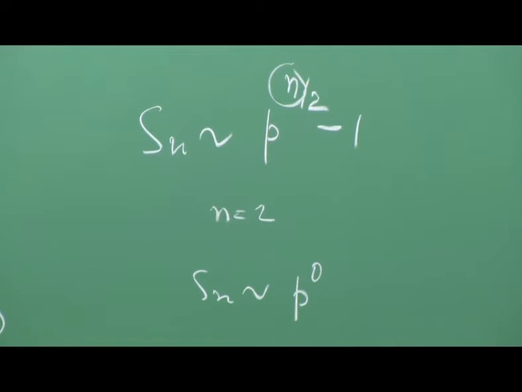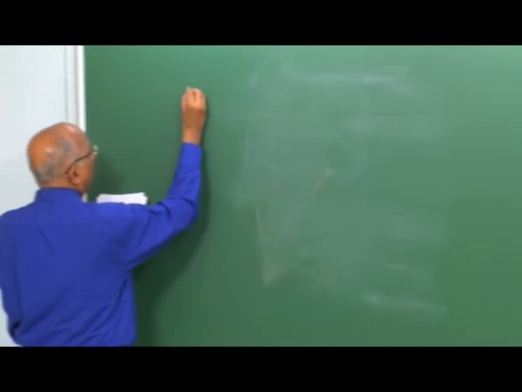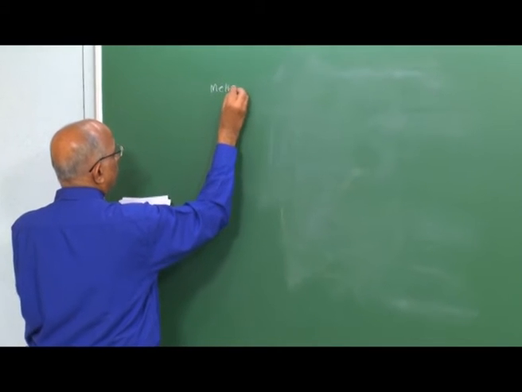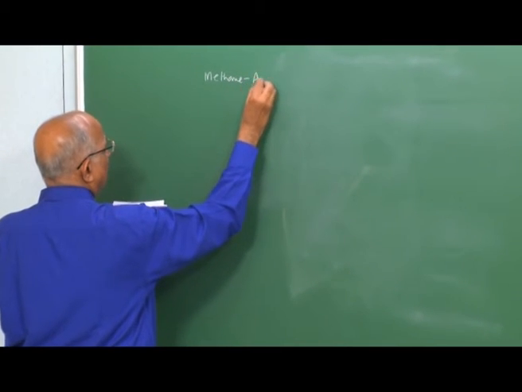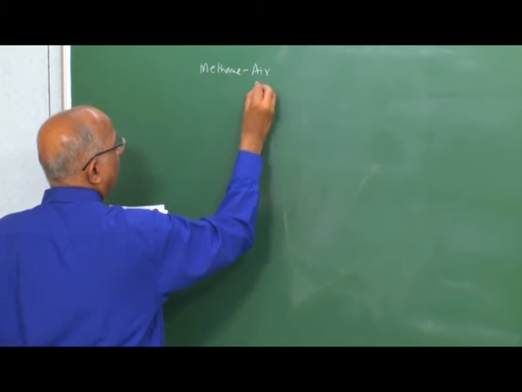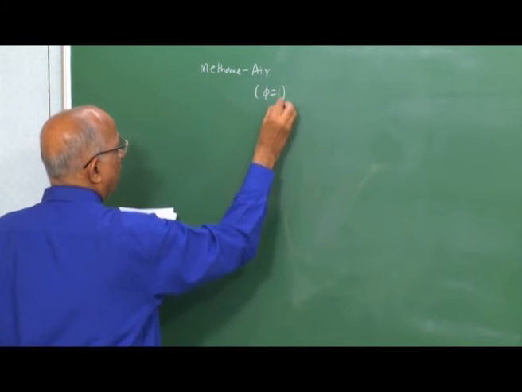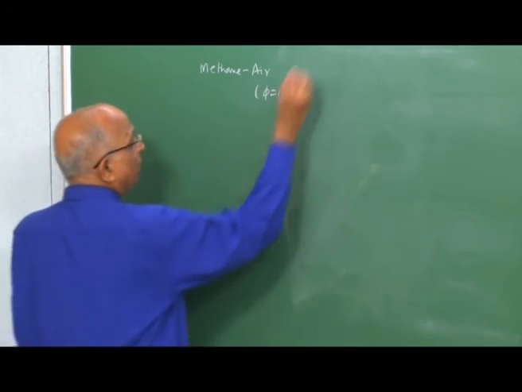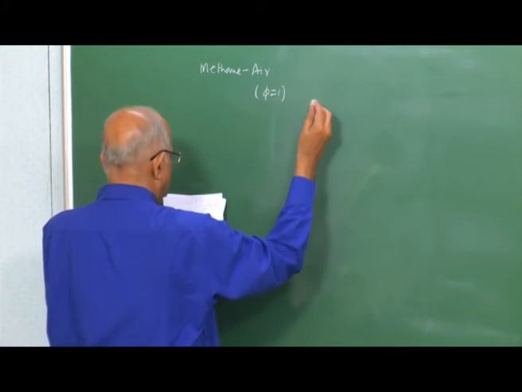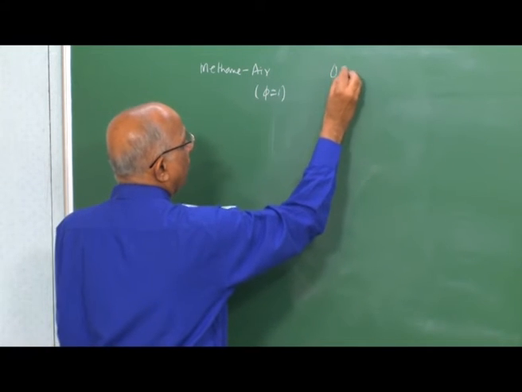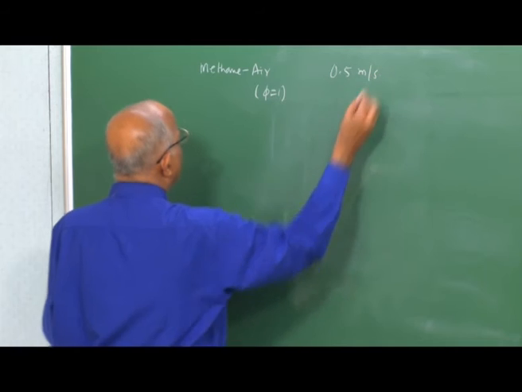Well, I give these values. Let us say I have methane air. Let us consider stoichiometry, that means we say equivalence ratio is 1. At this equivalence ratio, the value of SU is something like 0.5 meters per second.